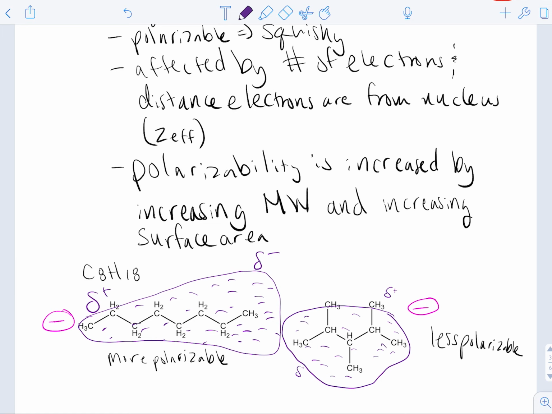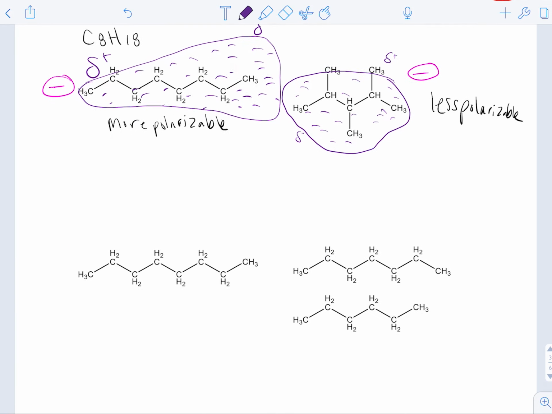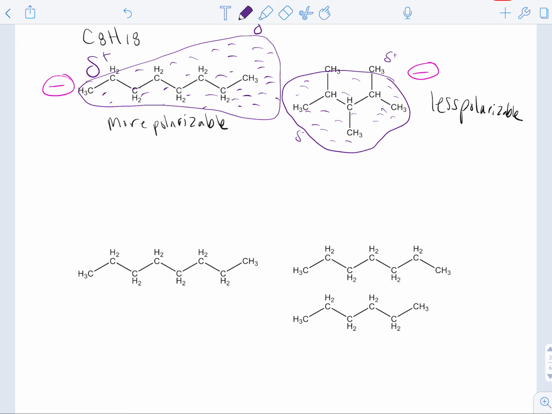Okay, we can also see the polarizability effect if we take different size molecules that have the same kind of shape: the more electrons, the more atoms, the more polarizable. So this one on the left is going to be the most polarizable, and this one down here is going to be the least, and that is just based on size, number of atoms. As we increase our number of atoms, we increase our polarizability.